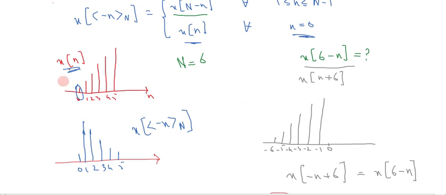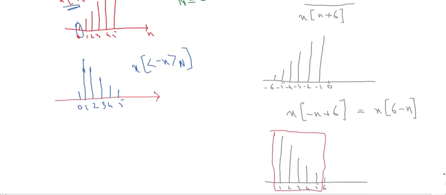Let me repeat, you had a signal x of n and you have to perform circular time reversal. For this purpose, you have to find first x of 6 minus n, because your capital N is 6, and for x of 6 minus n, you do normal operations on signals, which is shifting and then reversal. You get this thing.